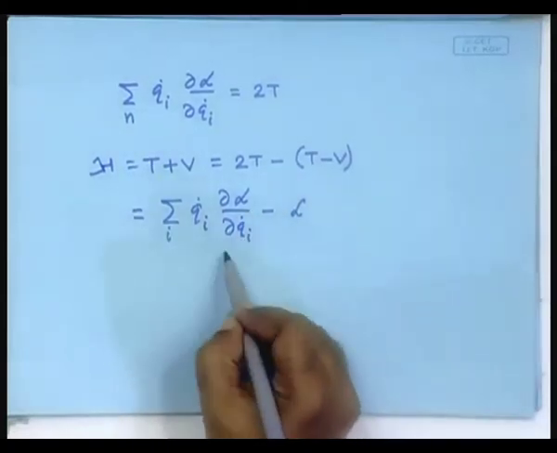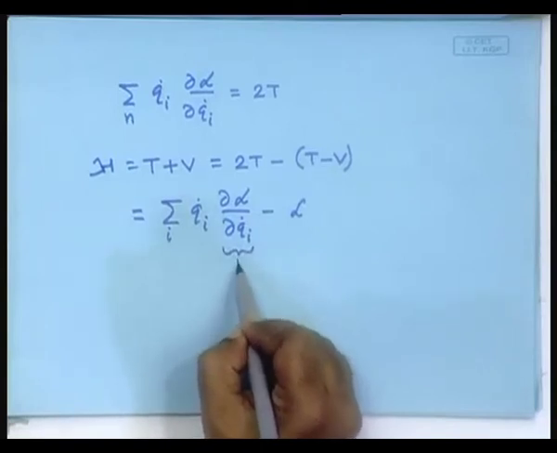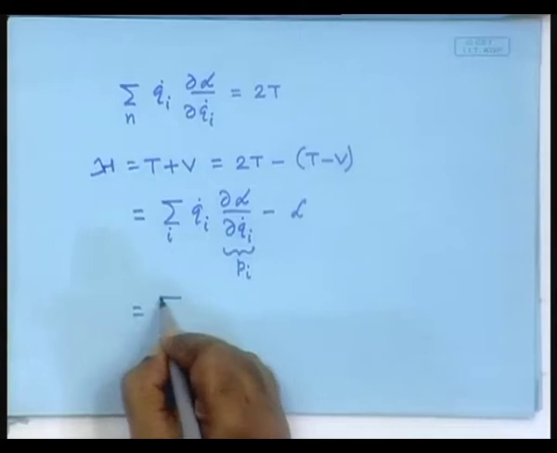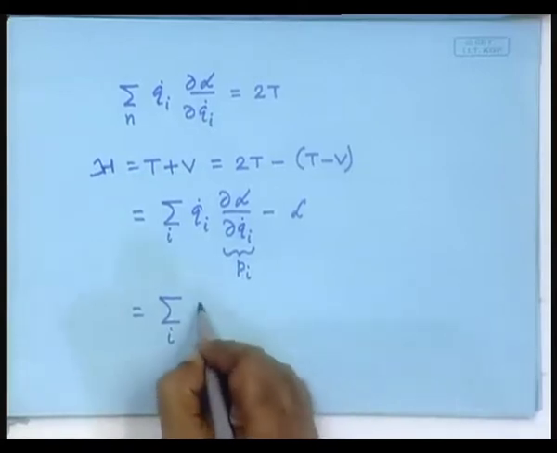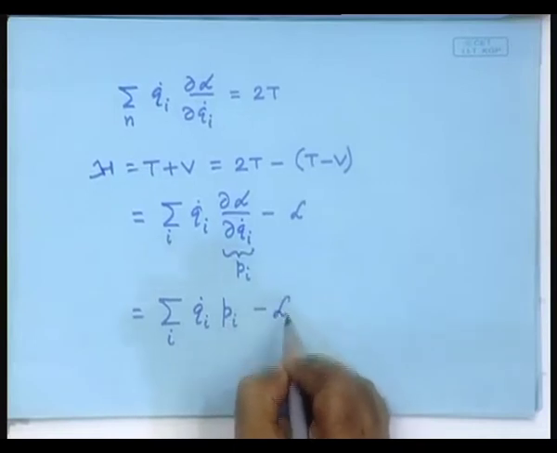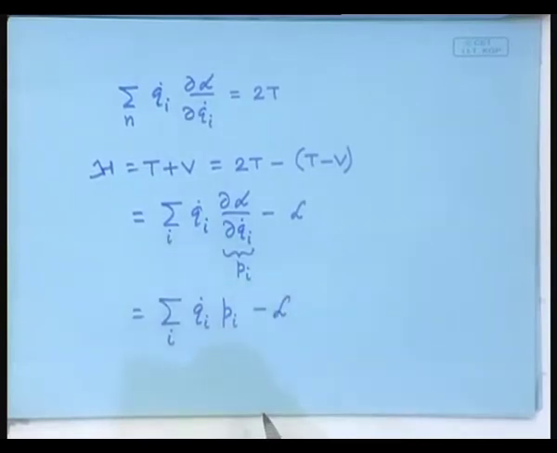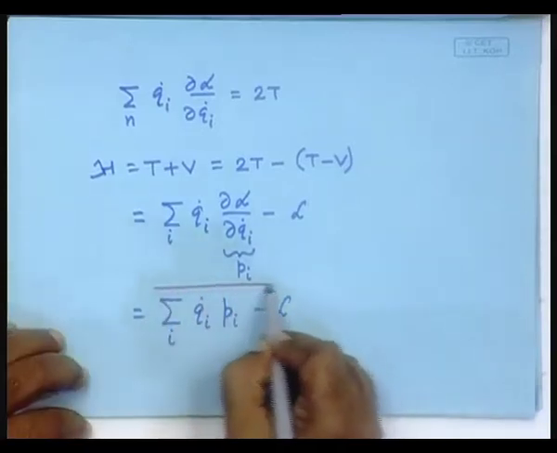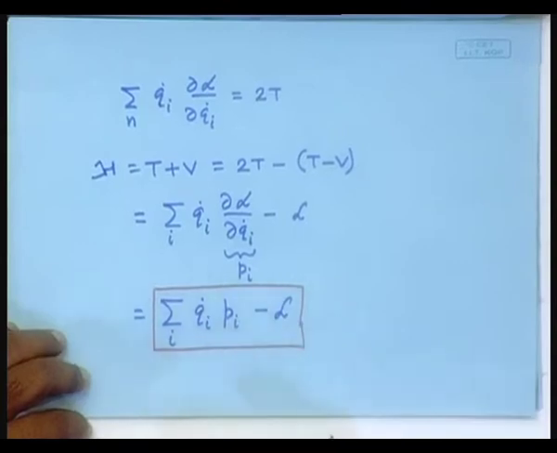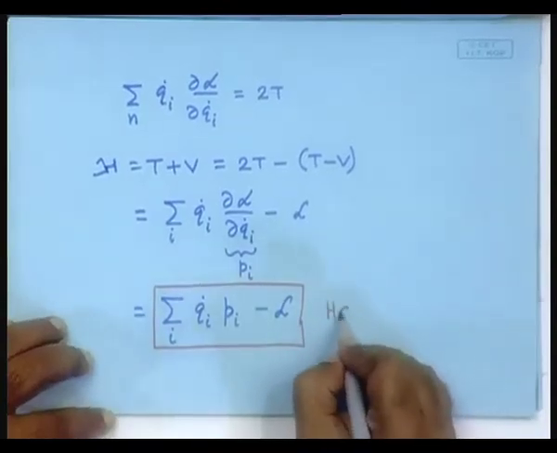This term is nothing but p I. So, we can write q I dot p I minus L in the right hand side. Now, it so happens that this term in the right hand side is known as the Hamiltonian function.